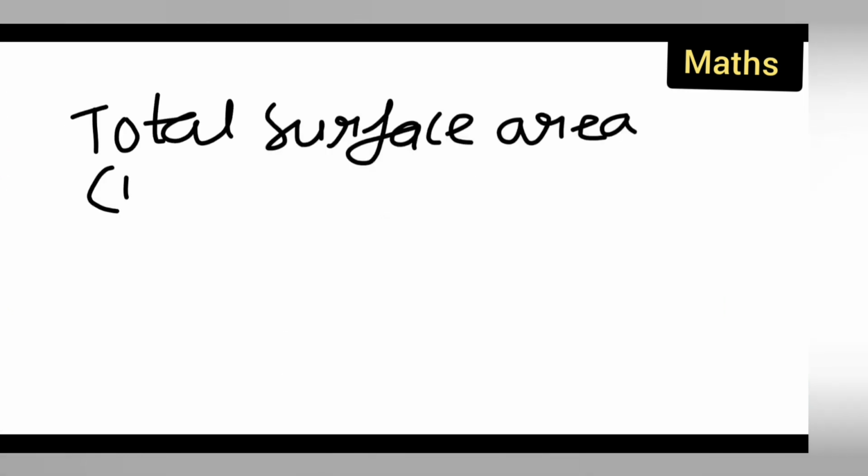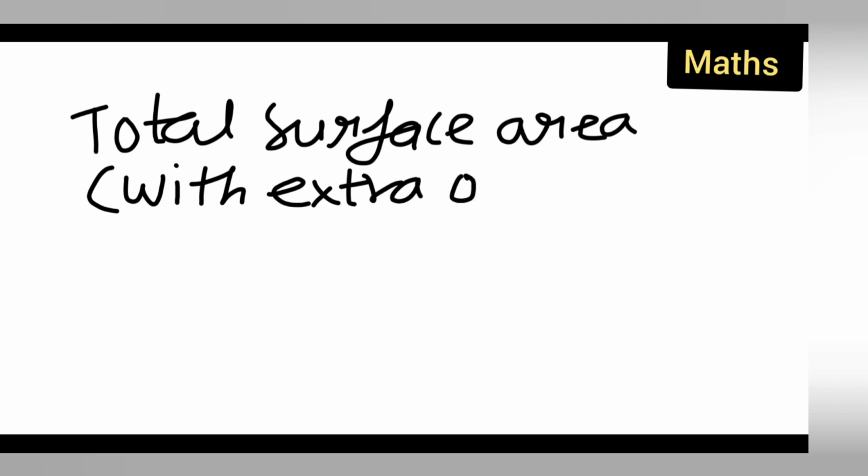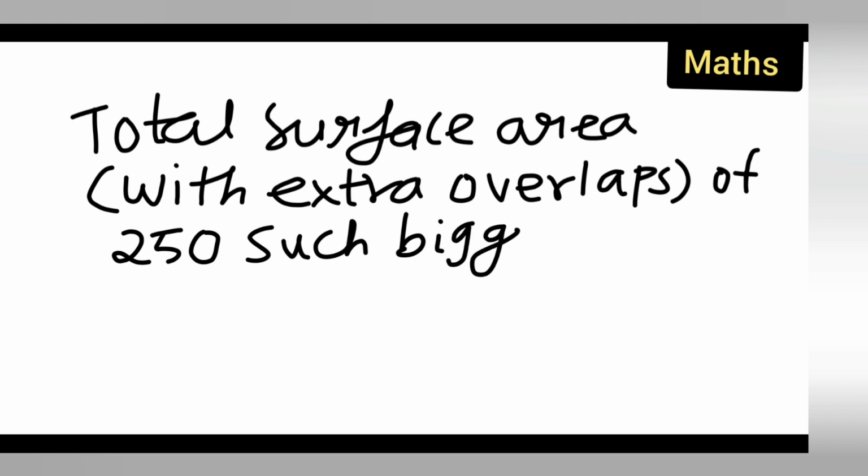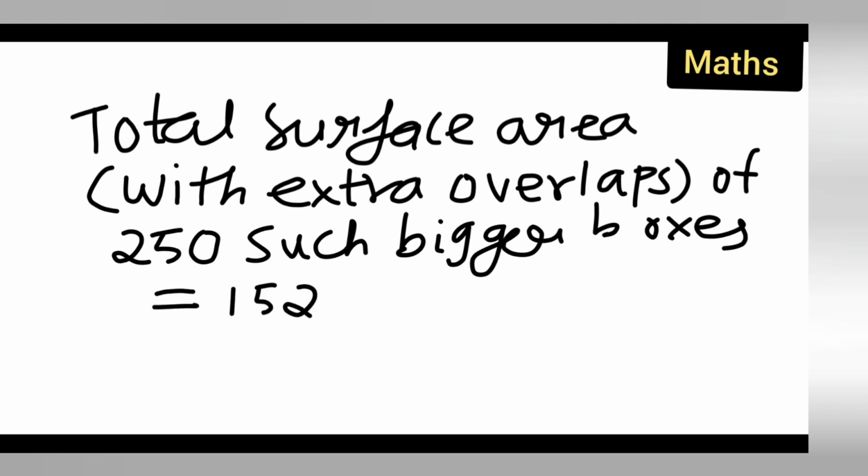Okay. Now let us find the total surface area. In the bracket you all can write down, with extra overlap, of 250 such bigger boxes, is equal to, what answer we got? 1522.5 multiplied by 250 centimeters square.